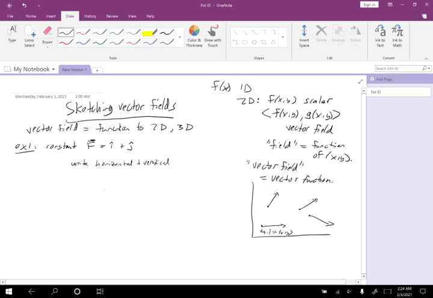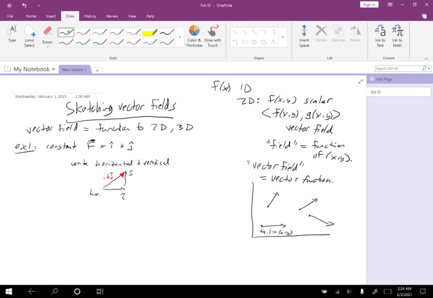The horizontal is just an arrow to the right because it's i. And the vertical is just j, right? Then to get that vector, we just do tail to tip, as so. And this is i plus j.